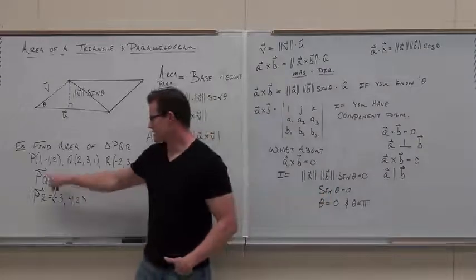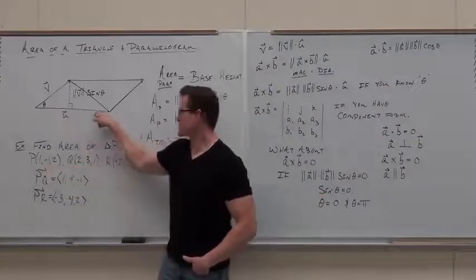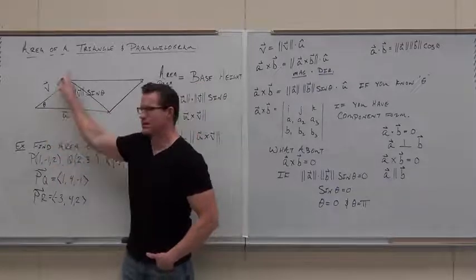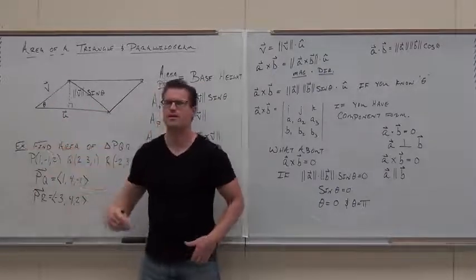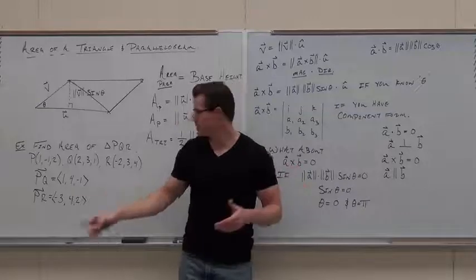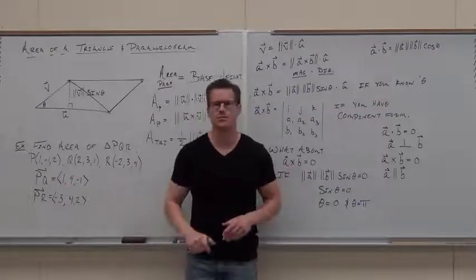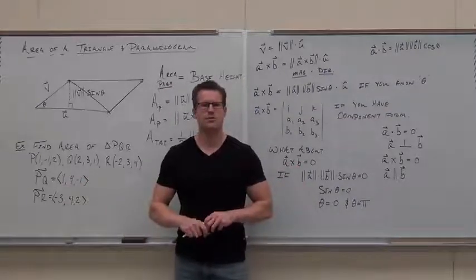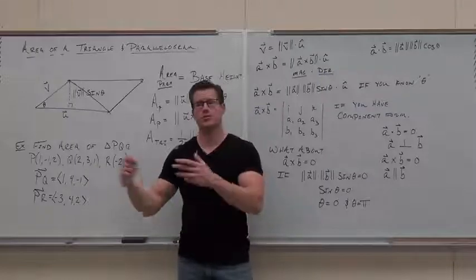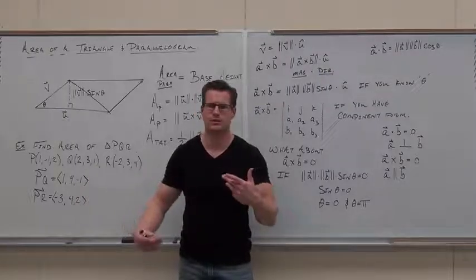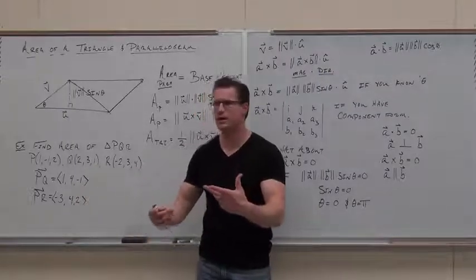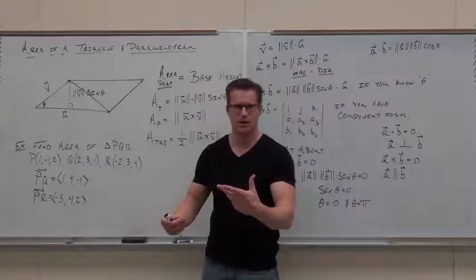Do you guys get that this is just like this vector, and this one's just like that vector? So how do I find the area of the parallelogram that these vectors border? Come on, we just did it. So let's find the cross product first, and then we'll find the magnitude. You can't do it all at once. You've got to find the cross product first and then find the magnitude. Can you guys see what I'm talking about here?